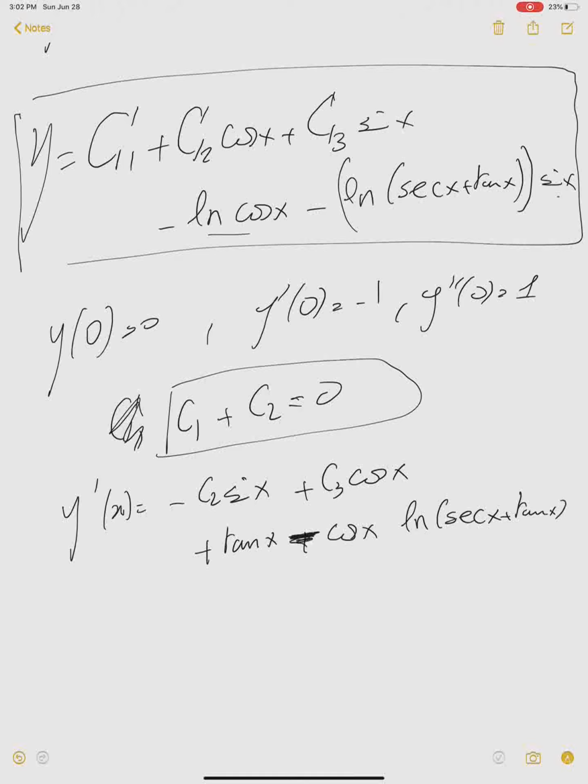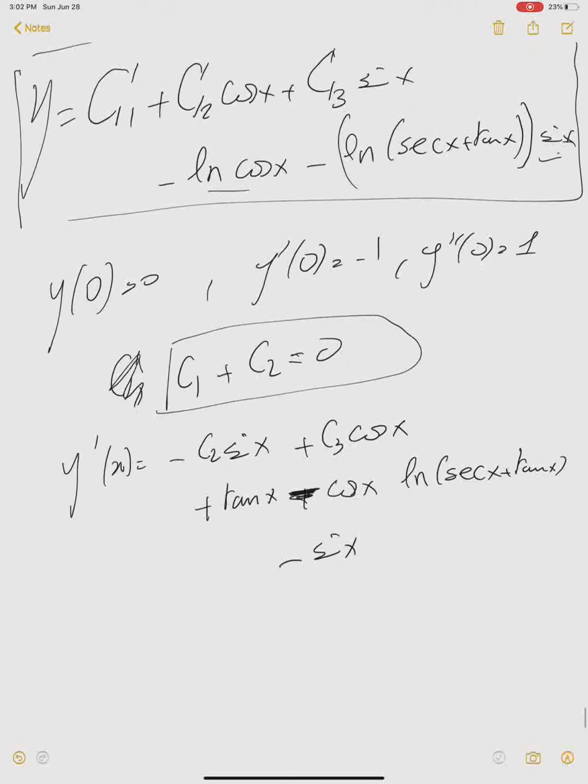Minus, this is minus cosine x here, plus the log of secant x. Now minus sine x times the derivative of log secant plus tangent, which I know is secant x. Correct? Because I know the integral of secant is this thing.